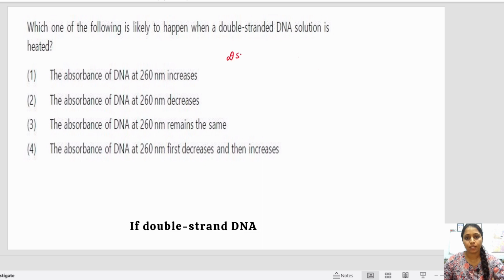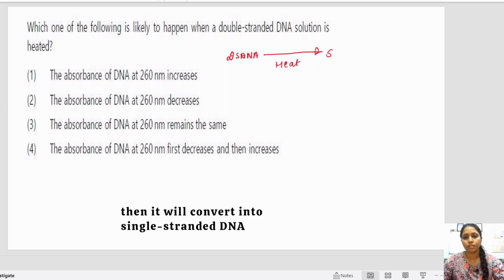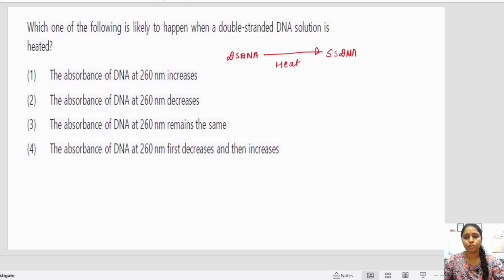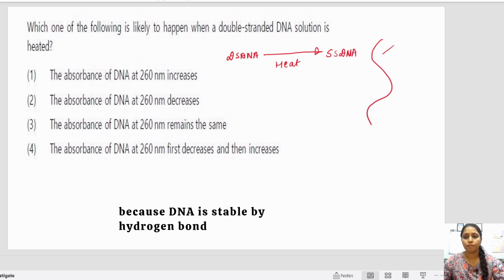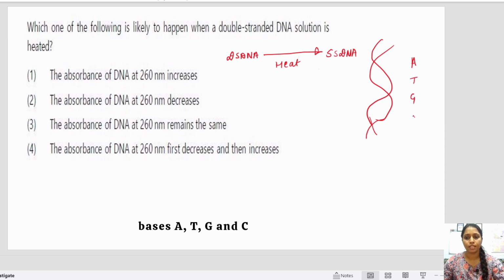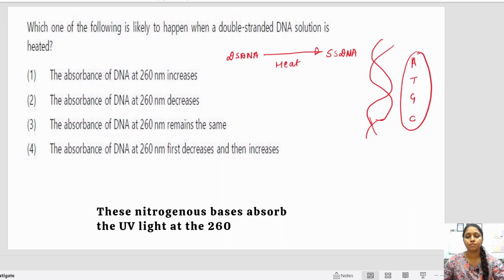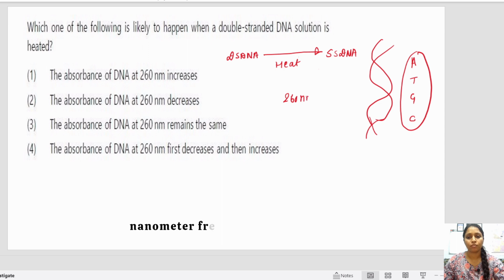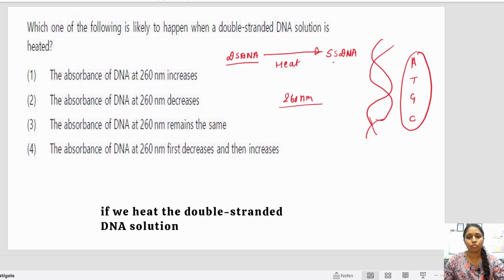If double-stranded DNA solution is heated, then it will convert into single-stranded DNA, because DNA is stable by hydrogen bond and base stacking interaction between nitrogenous bases A, T, G and C. These nitrogenous bases absorb the UV light at the 260 nanometer frequency, and if we heat the double-stranded DNA solution, it will convert it into single-stranded DNA.